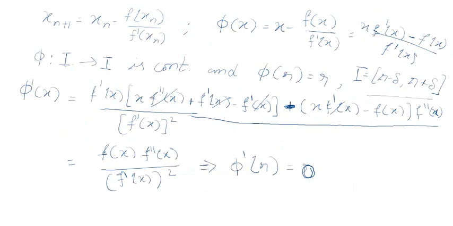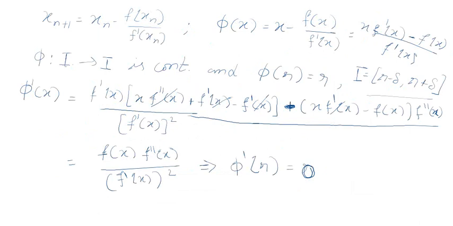Because here f of x is continuous over the closed interval ab, f double dash is continuous, f dash is continuous on the closed interval ab, so these are continuous, okay.